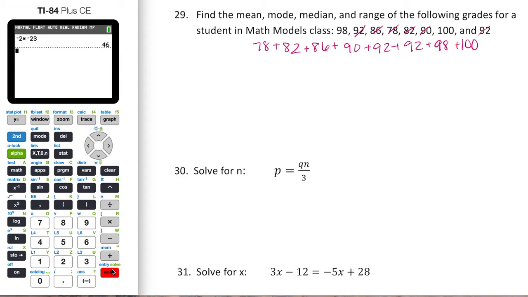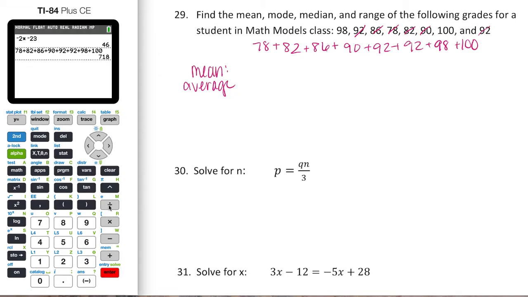values, 8 values. So our mean, that's our average. So we're going to add all these numbers up. 78 and 82 plus 86 plus 90 plus 92 plus 92 plus 98 plus 100.